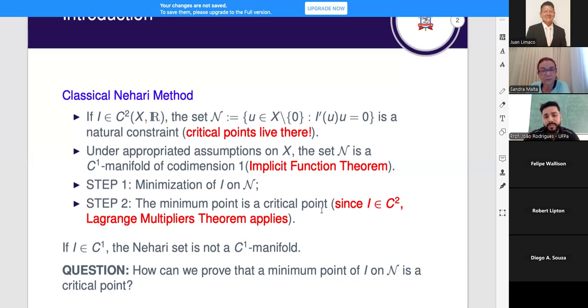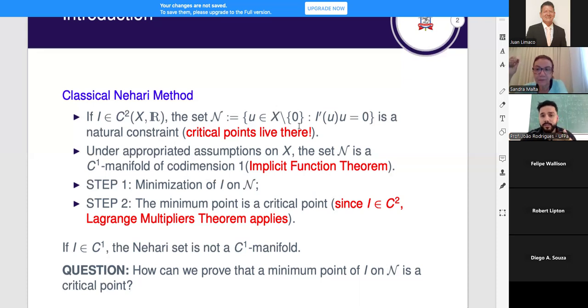So since we have a differentiable structure for the set N, you can use the Lagrange multiplier theorem to prove that minimum points of the functional I on the set N are critical points of the functional I. So this is a sketch we can use in order to follow the ideas of Nehari.